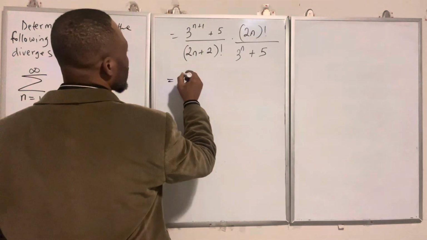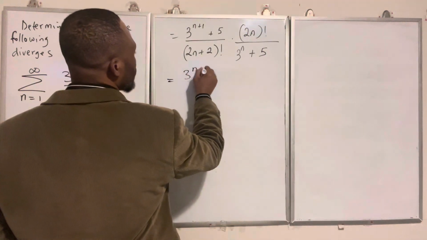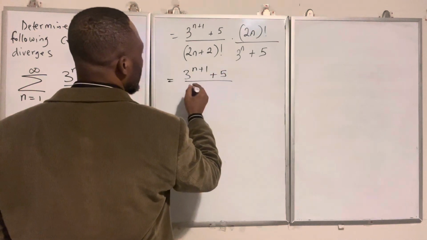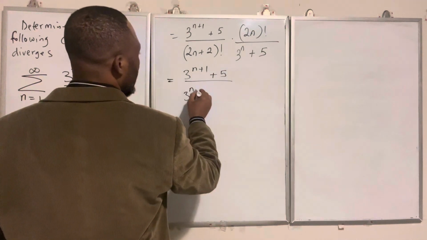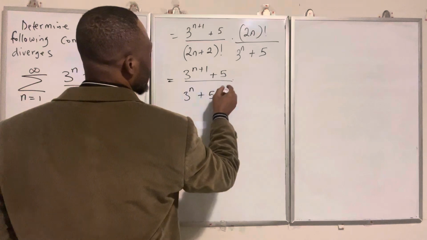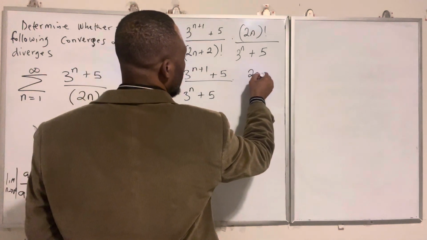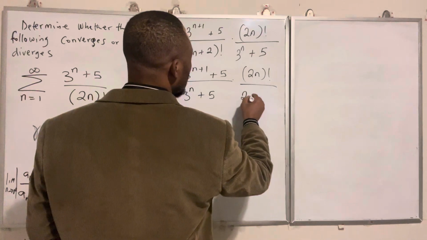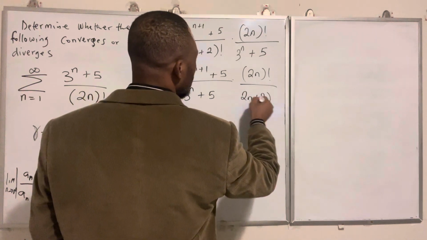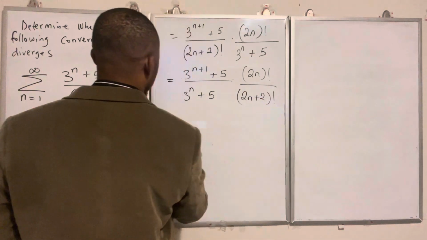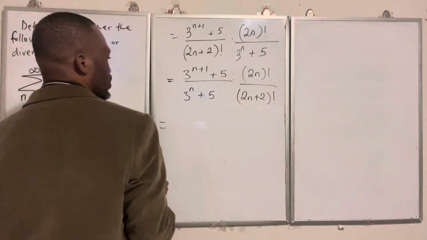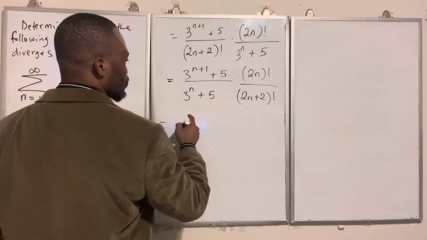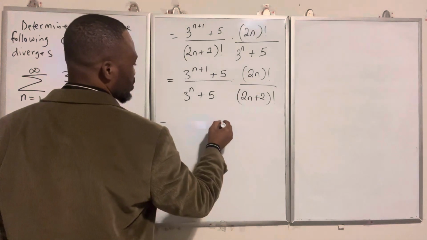See, 3 raised to n plus 1 plus 5 over 3 raised to n plus 5, times 2n factorial over 2n plus 2 factorial. Let's evaluate this.